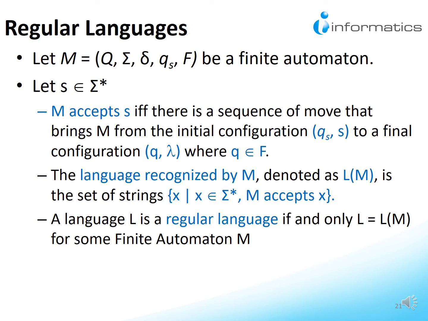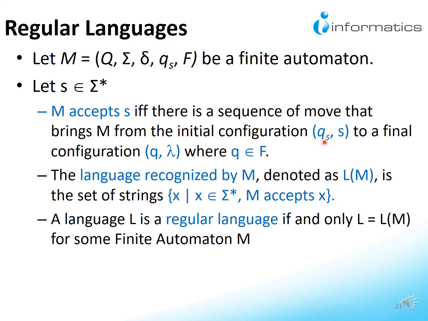Okay, formally, assuming S is a string, we say that the machine accepts the string S if and only if there is a sequence of moves. A move means a change of configuration that brings the machine from the initial configuration to a final configuration.